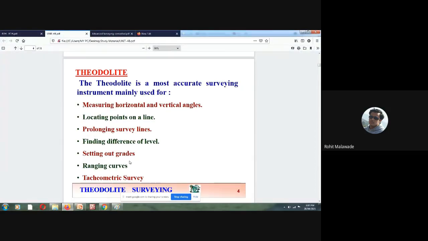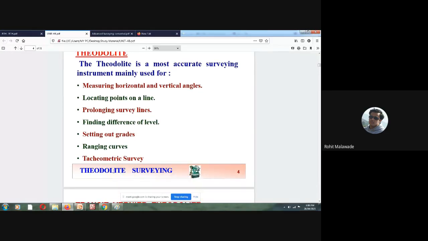Now setting out the grades, and also ranging the curve, and the tachometric survey. This tachometric survey we are going to deal with in module 2, where we will be studying it in detail.